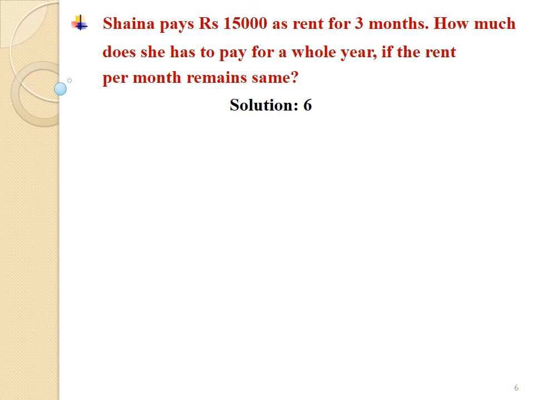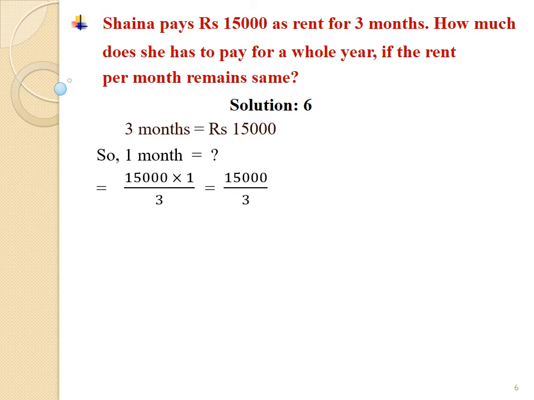3 months equals to rupees 15,000. So 1 month equals to how much? By cross multiplying, we get 15,000 multiplied by 1 upon 3. Multiplying 15,000 by 1 and keeping denominator 3 as it is, we get 15,000 by 3.